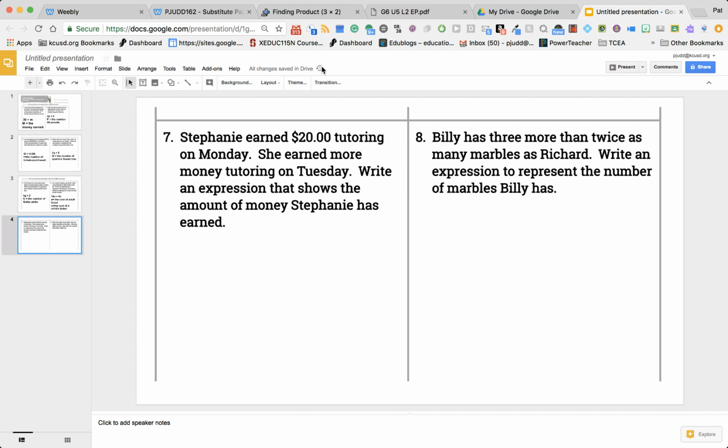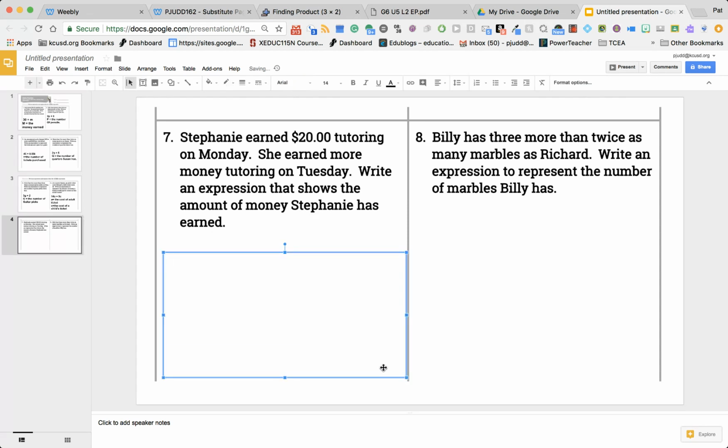Okay, and let's go over these last two. So, Stephanie earned $20 tutoring on Monday. We know that's how much money she has. There's no unknown there. She has $20. She earned more money tutoring on Tuesday.